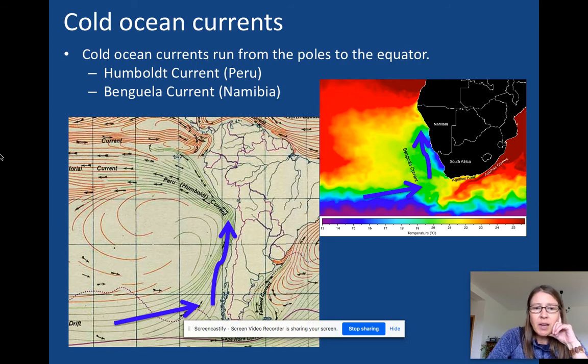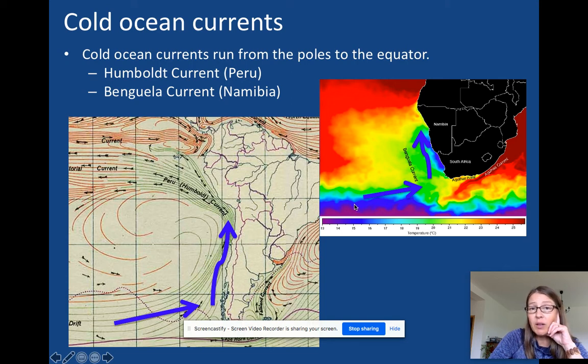So here is a cold water current coming up from Antarctica. This is the Humboldt current, up the coast along Chile and past Peru. And you can see because it's coming from the south, it's a very cold water current. So that's going to impact the climate here, which is probably going to be much cooler than if it were a current coming from the north, from the equator, but it's not.